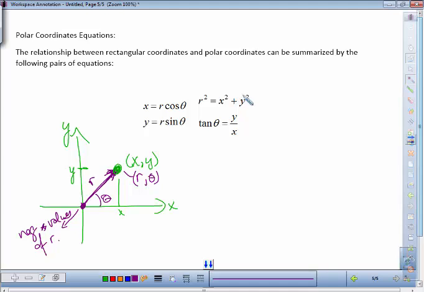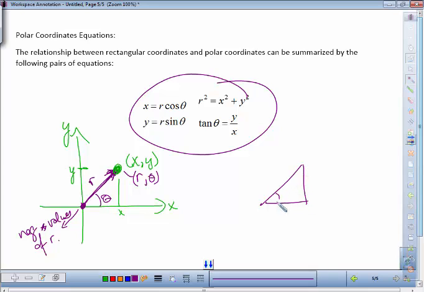Now these equations over here all come from this drawing, right? You can draw your right triangle, your angle, and your lengths x and y, and then you can come up with as many equations as you need to.